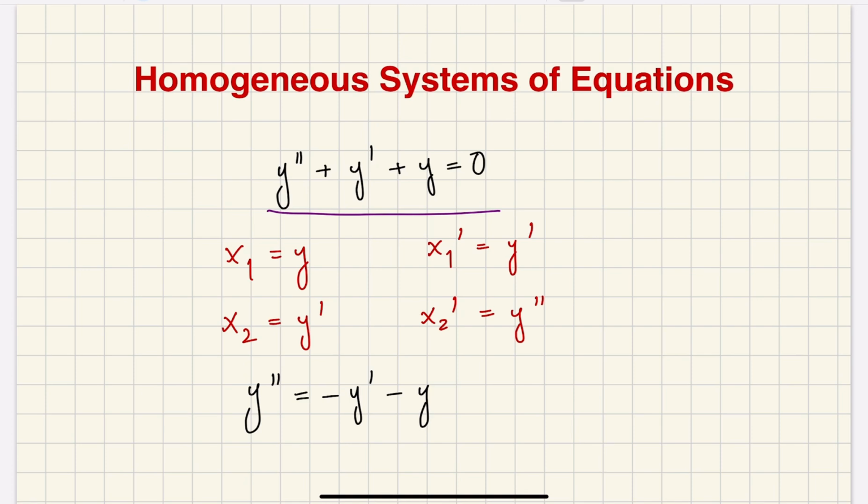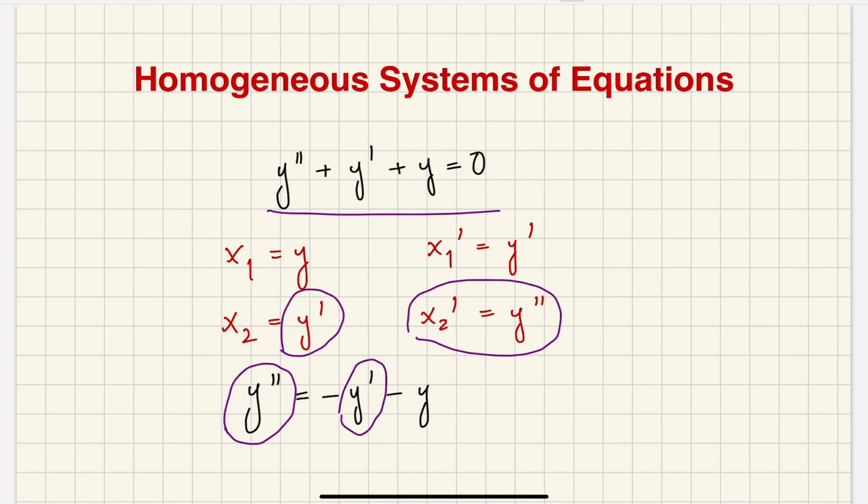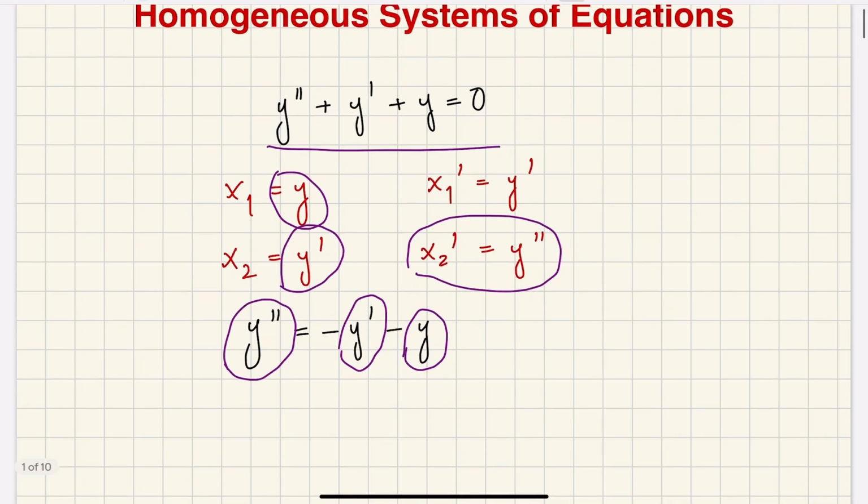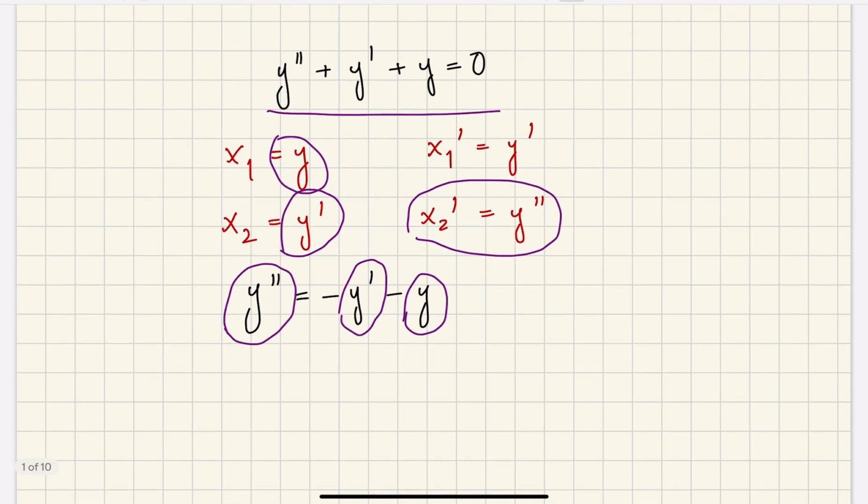Now I'm going to substitute x2 prime for y double prime here, x2 for y prime here, and x1 for y here. Then I will get x2 prime is equal to negative x2 minus x1.